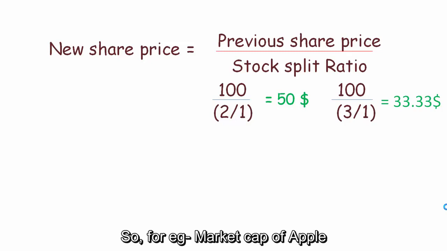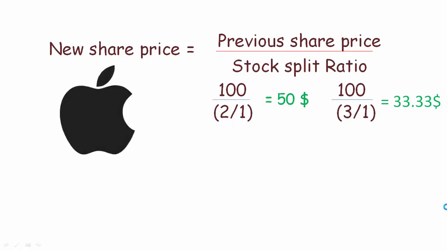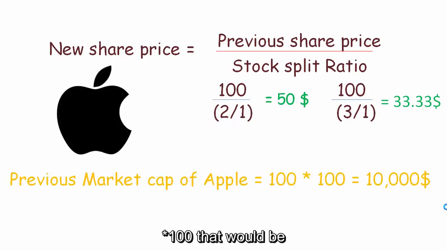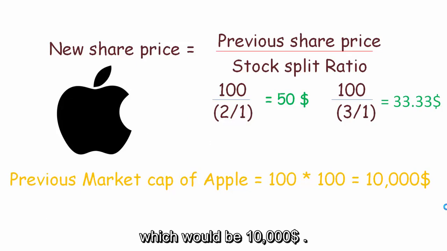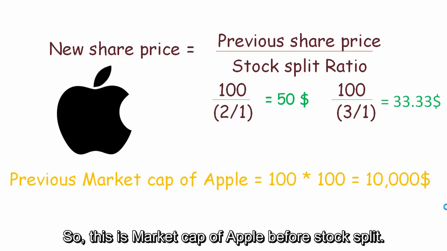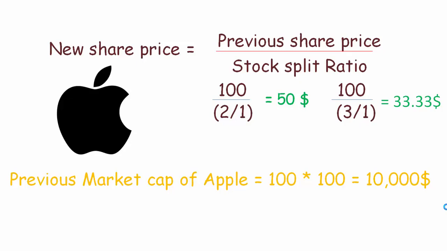One more thing to note here is that the market cap of the company does not increase or decrease. For example, the market cap of Apple previously was $100 times 100. That is the share price, $100, multiplied by the number of shares, again 100, which would be $10,000. So this is the market cap of Apple before the stock split.